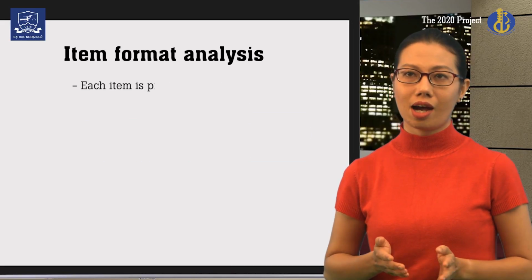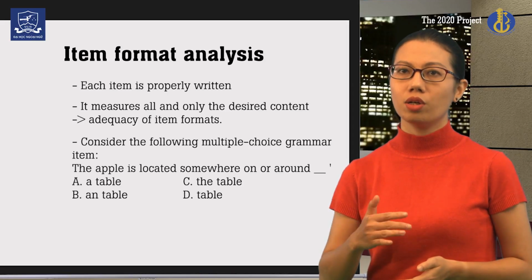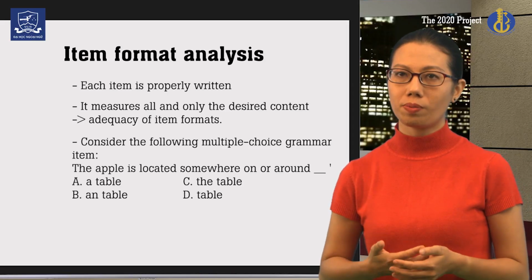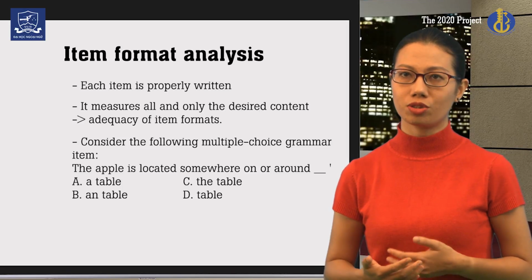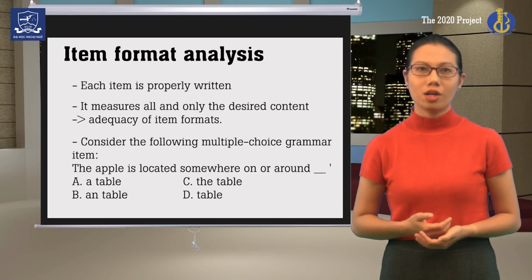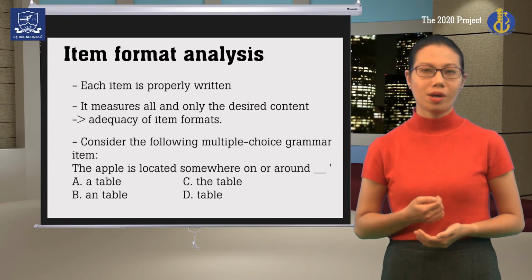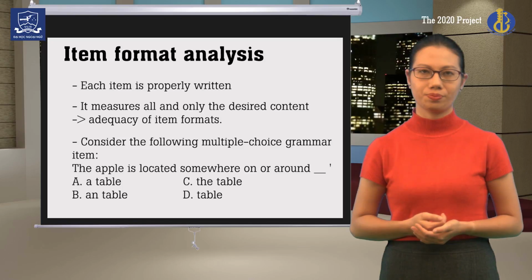In analyzing item format, testers focus on the degree to which each item is properly written so that it measures all and only the desired content. Such analysis often involves making judgments about the adequacy of item formats. Consider the following multiple-choice grammar item.